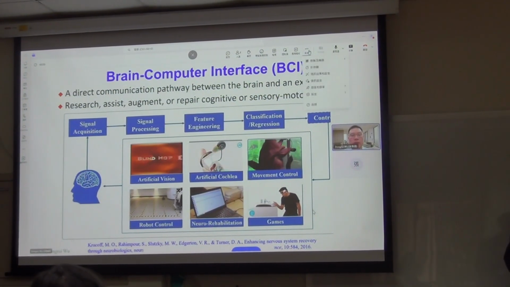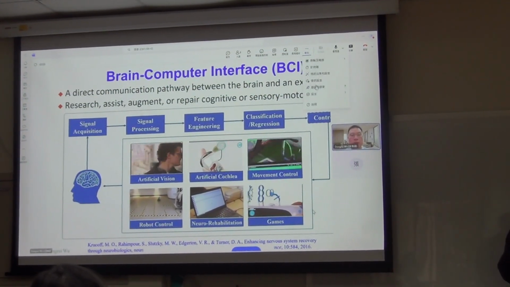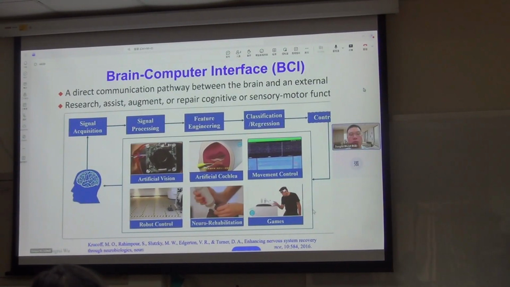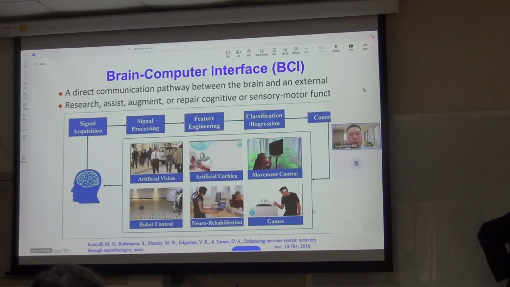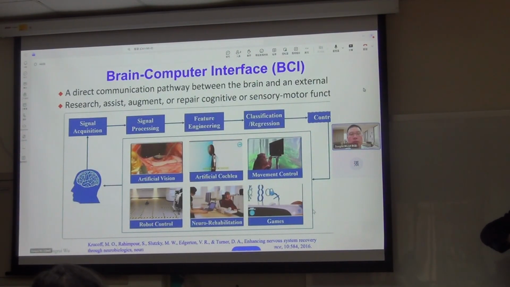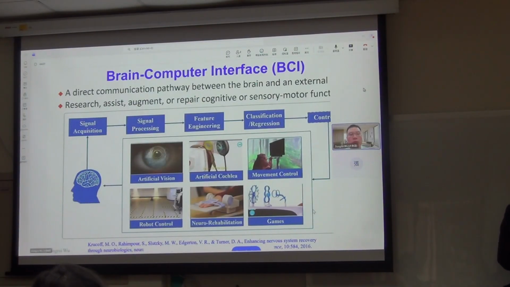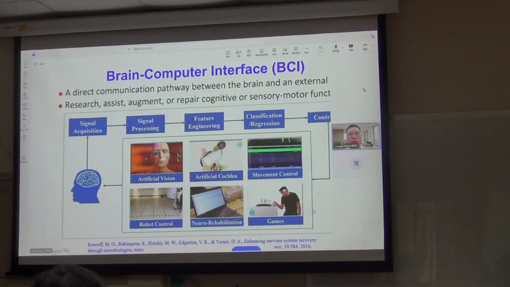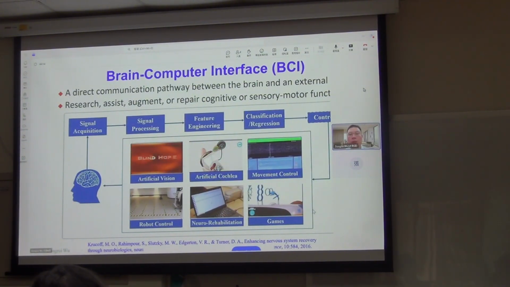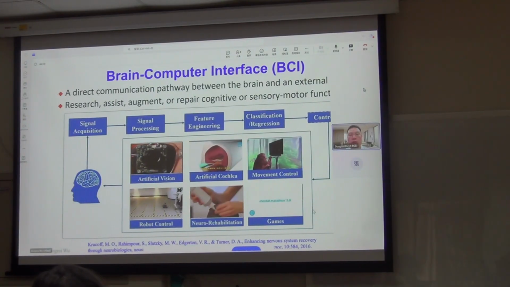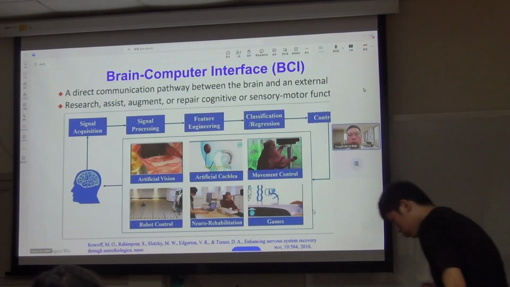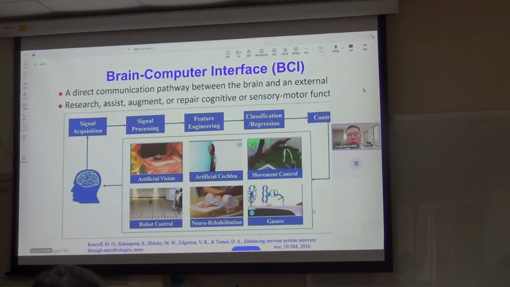We collect brain signals in various ways, such as invasive spike signals, ECoG signals, or non-invasive EEG signals. Since generally these brain signals are very weak, we need to perform sophisticated signal processing to increase their signal-to-noise ratio. After that, we perform feature engineering to reduce the dimensionality of the original features, and also to extract more meaningful, more informative features.